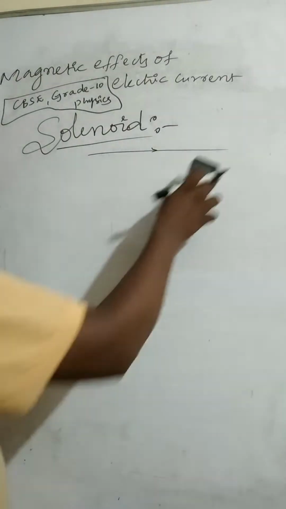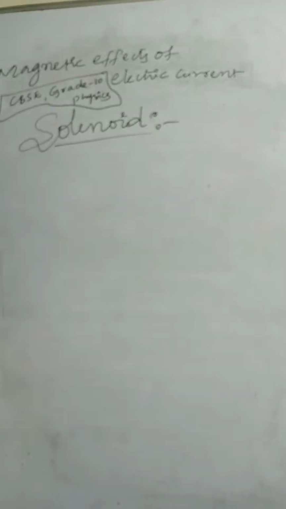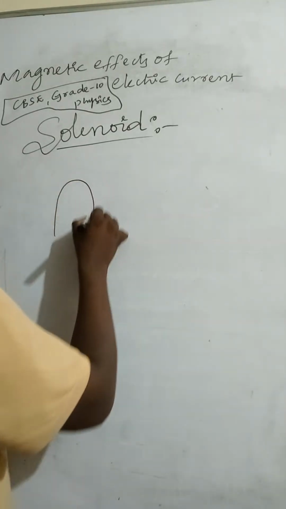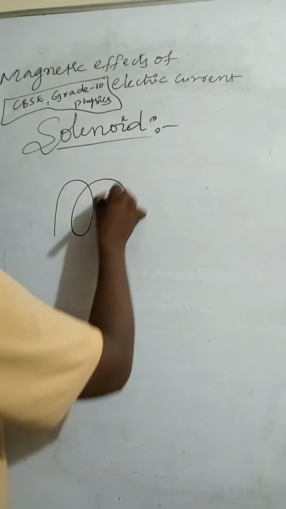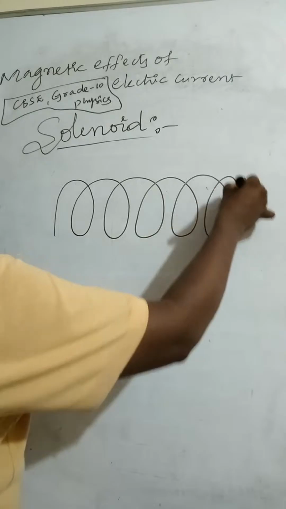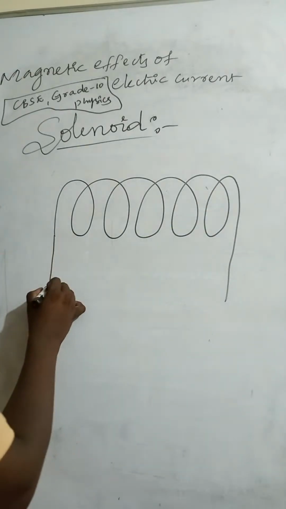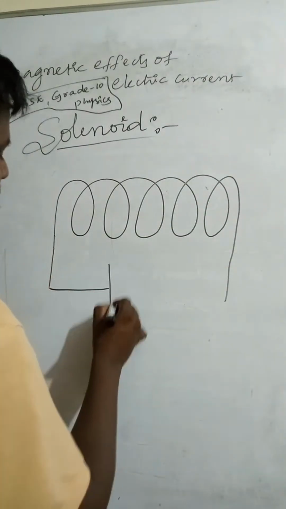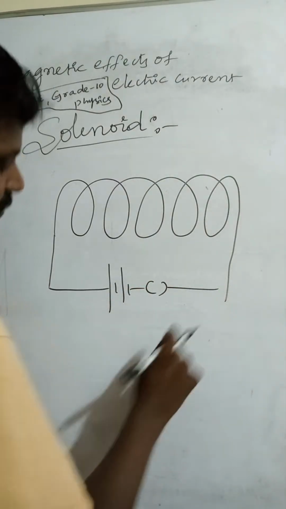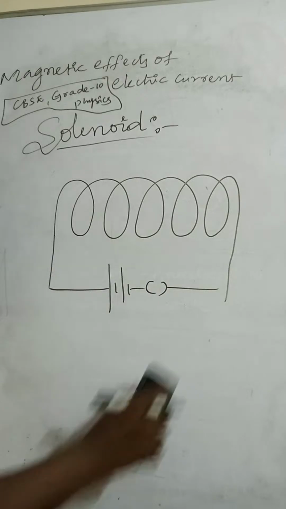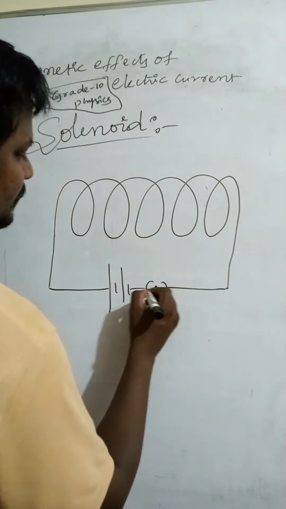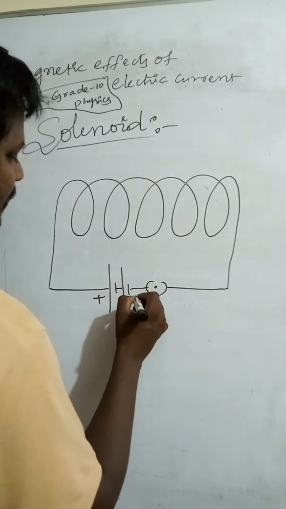Whereas if you take the same wire and bend it in the form of a cylindrical shape, that becomes a solenoid, like this. Current is passing like this through the switch, from the positive terminal to the negative terminal.